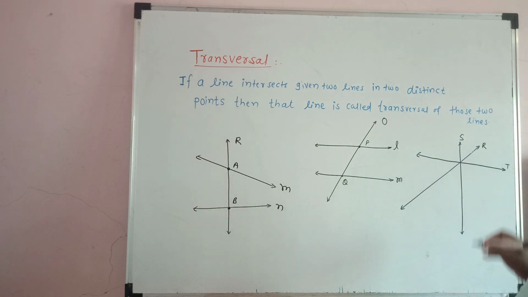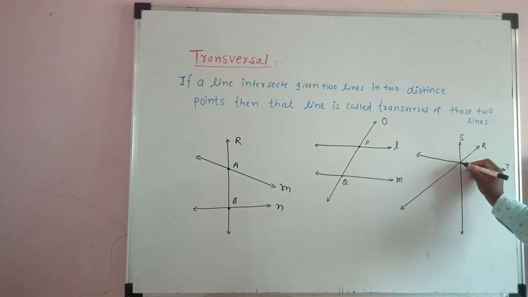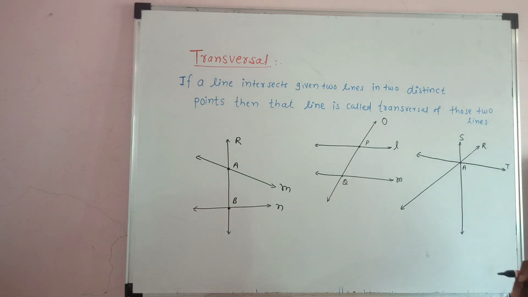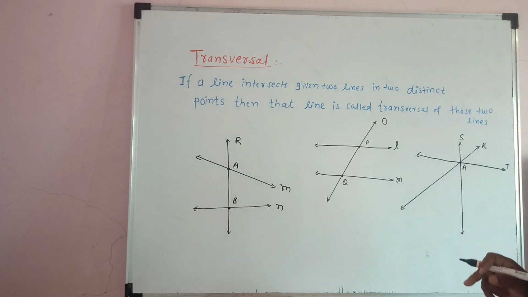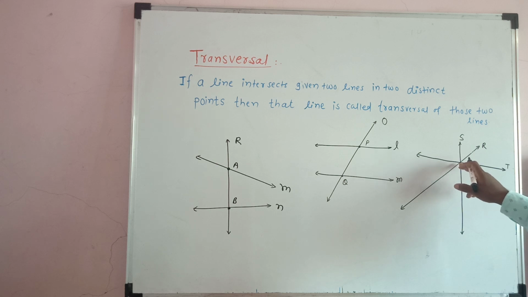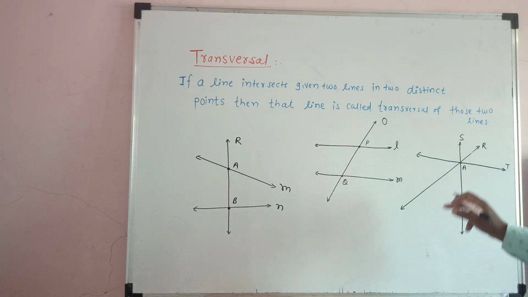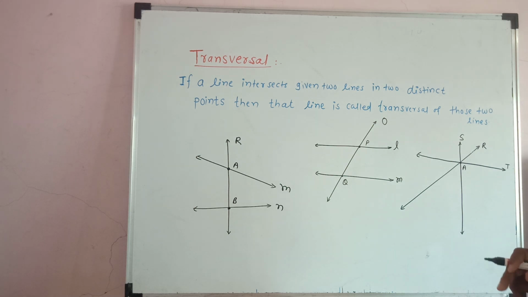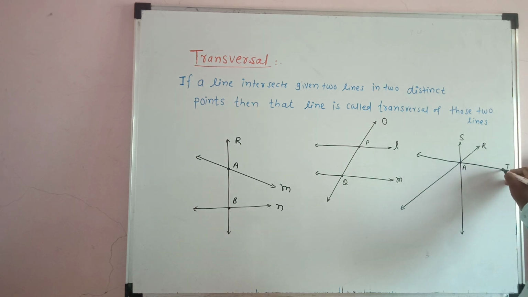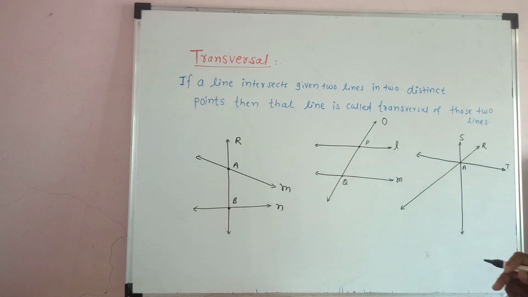That line is T, and that line intersects here at point A. This line T intersects line S and line R at point A, but not in two distinct points. It intersects at only one point, that is, the three lines S, R and T have one common point A. Then this line T is not a transversal of lines S and R.